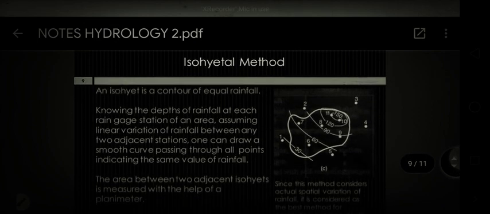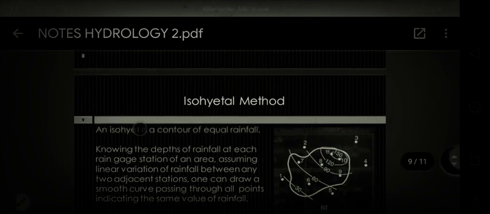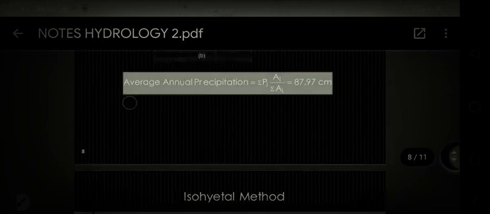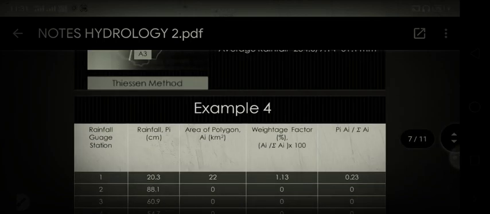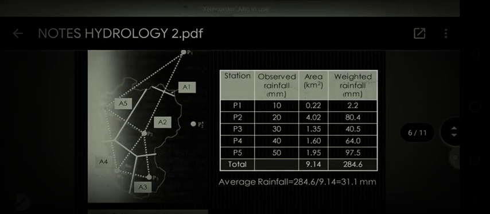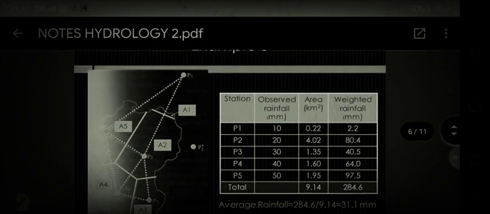Then last but not least is the isohyetal method. It is a superior method as compared to the other two. The Thiessen polygon method holds good if the stations are fixed. If we displace any of the stations for some reason, the entire figure will be different.